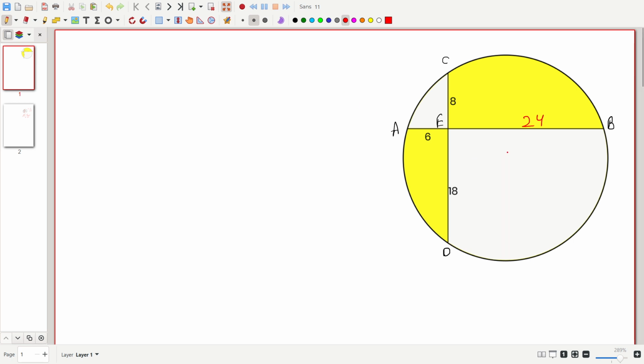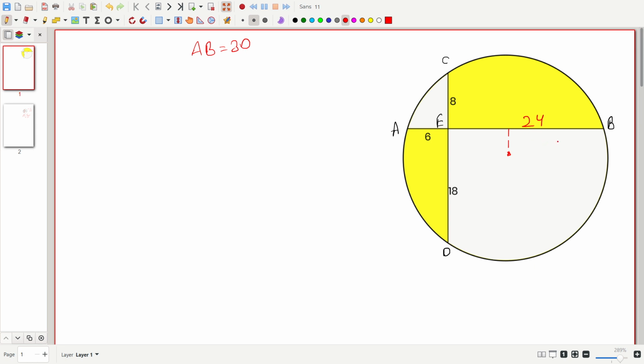Now let's say there is a point here and this is the center of the circle. Now I want the length from here to this point, so let's say I draw a simple line. This length is 6 and the other length is 24, so the total length of this line AB is 30.